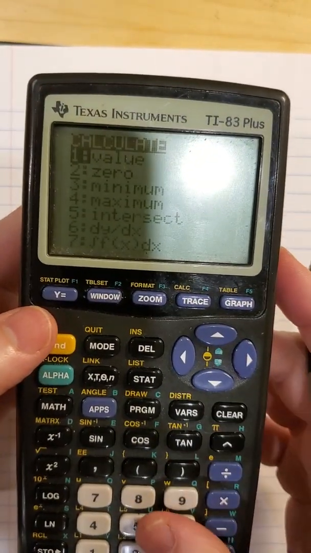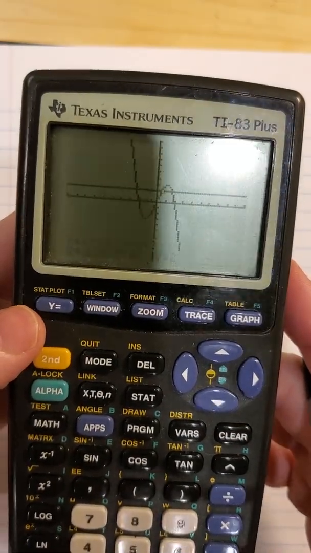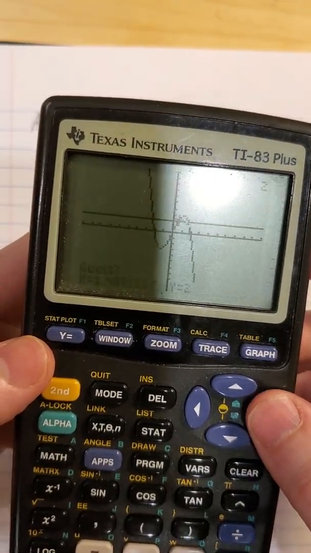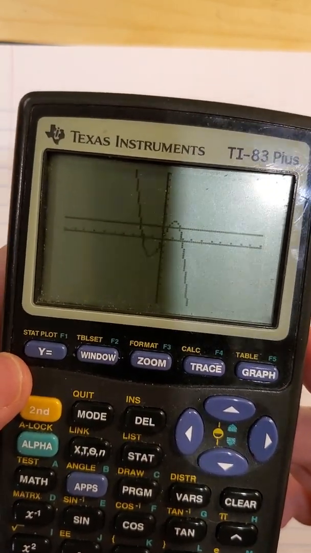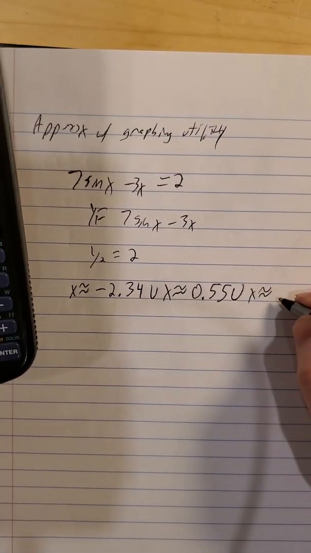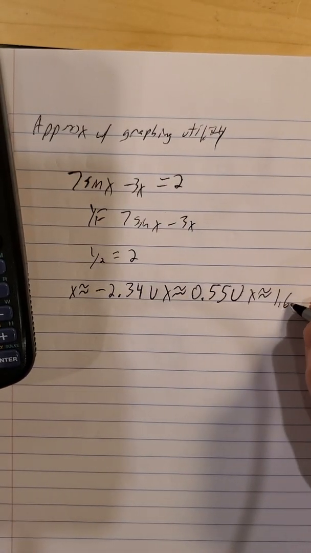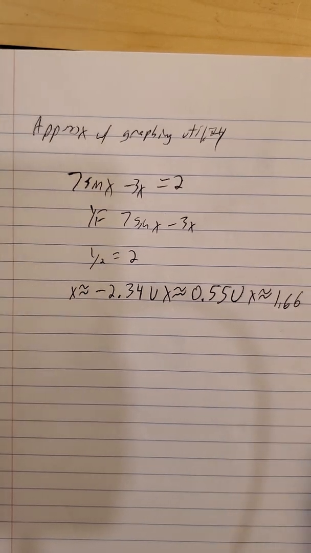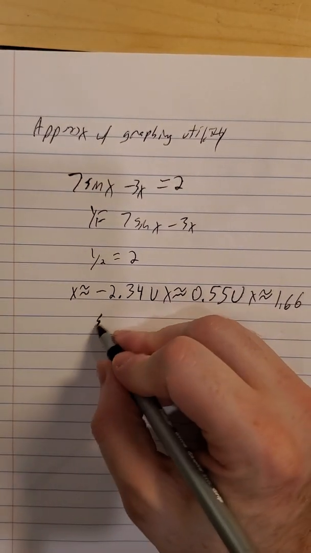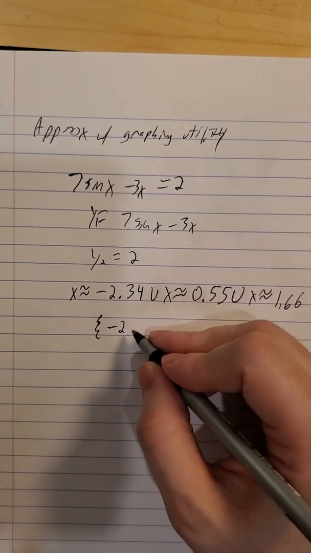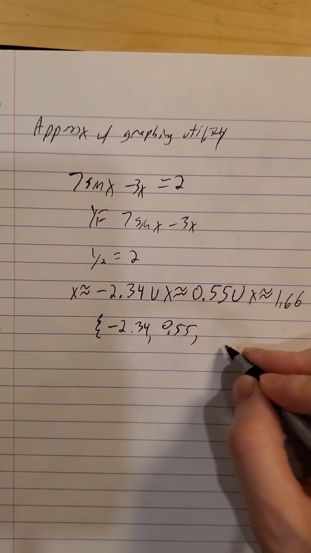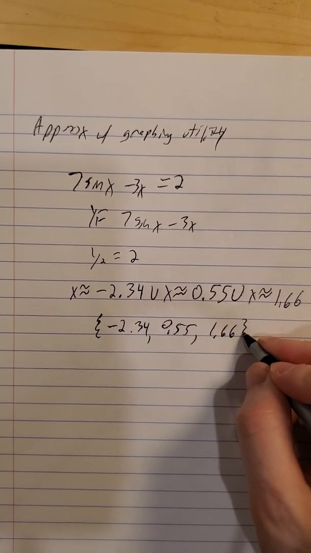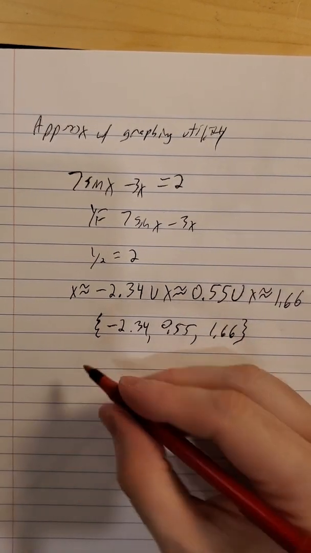So second and calculate, point of intersection, first curve y1, second curve y2, and guess, arrow over until your cursor is relatively close. Hit enter. It'll think for a second, and our final x is approximately 1.657, makes us call it 1.66. If you want the set instead of the union, negative 2.34, 0.55, 1.66 would be our solution set.